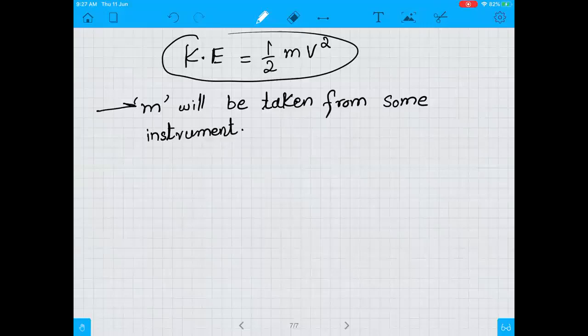You use some instrument for the mass to calculate m, so it will have significant figures.